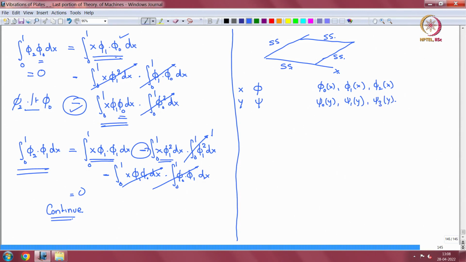Now, I have to represent the displacement of the plate in the xy directions. So that is done by, now come the coefficients.